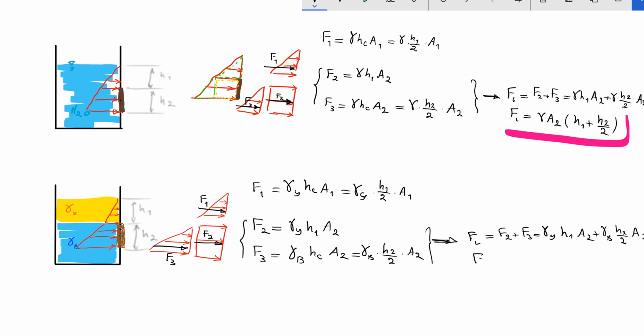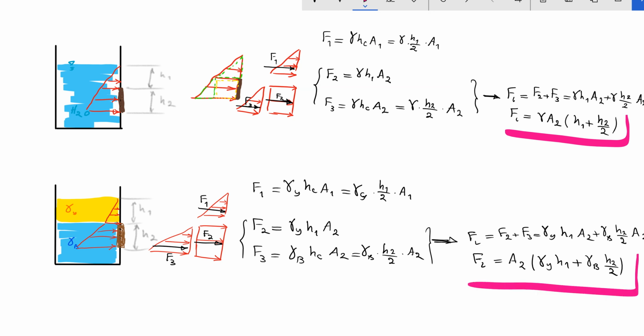Therefore, the lower part force is going to be, I can just take out area number 2, and because the liquid is different, I'm going to reach this formula, which is different from the case we had for the same liquids.